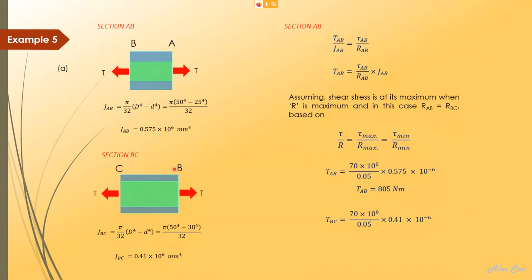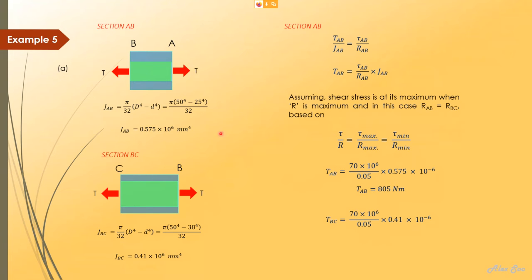You can see the outer radius is the same, but here we have two different polar moments of inertia. One is for internal diameter 25, the other one is for internal diameter of 38. Therefore, when we work out, we will have two different torques.